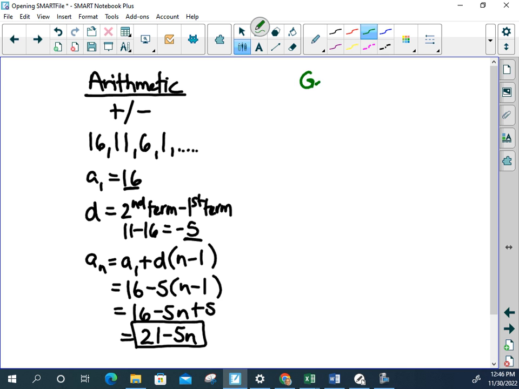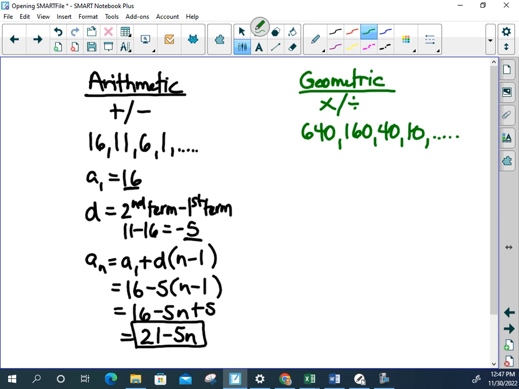Contrast, geometric means something is being multiplied or divided. So if we take a look at this type of problem, let's do 640, 160, 40, 10, etc. First term, 640.